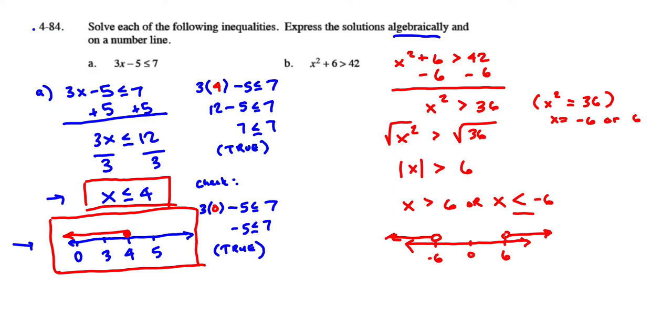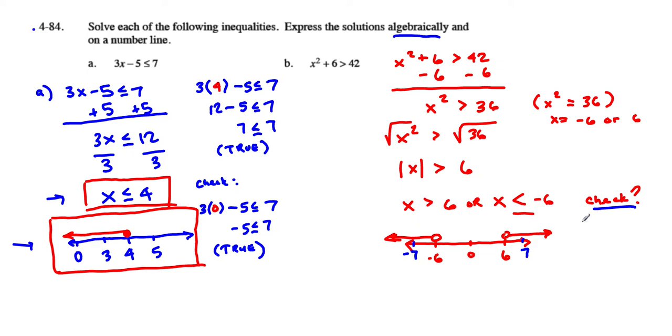How do we check? Well, let's just take values from either side here and plug them in. Let's use 7, and let's use a -7 to check.